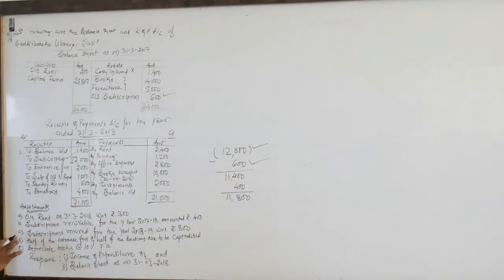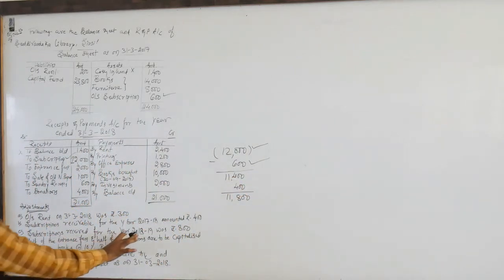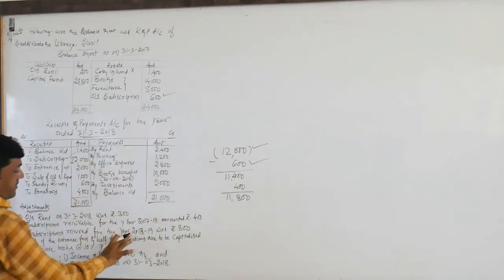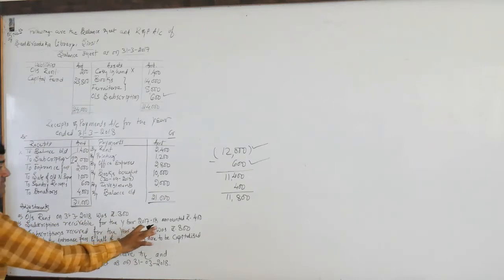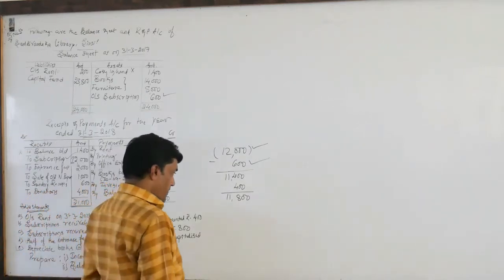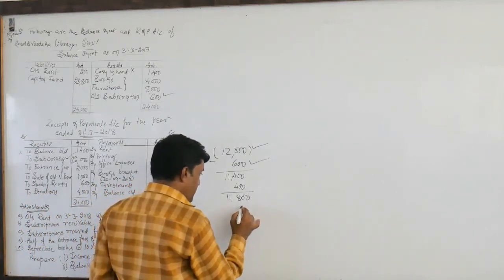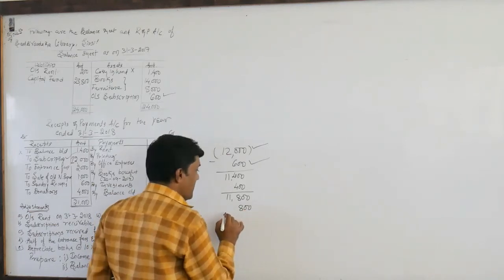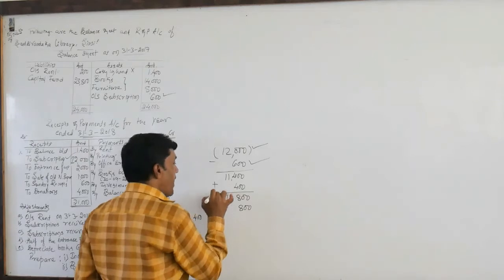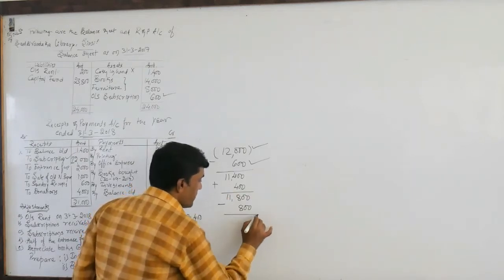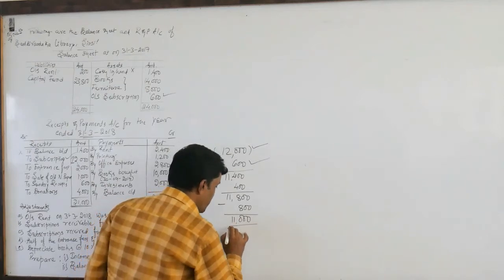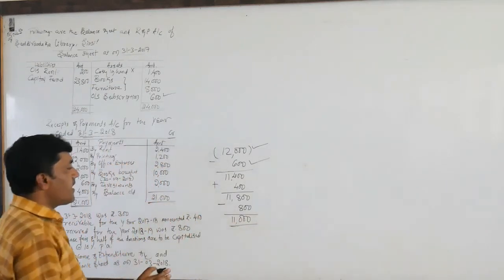Look here, subscriptions received for the year 18 and 19, meaning pre-received or advance subscription, was rupees 800. So out of 11,800, the subscription received in advance for the next year we need to deduct. The actual amount will be 11,000 subscription for the current year.